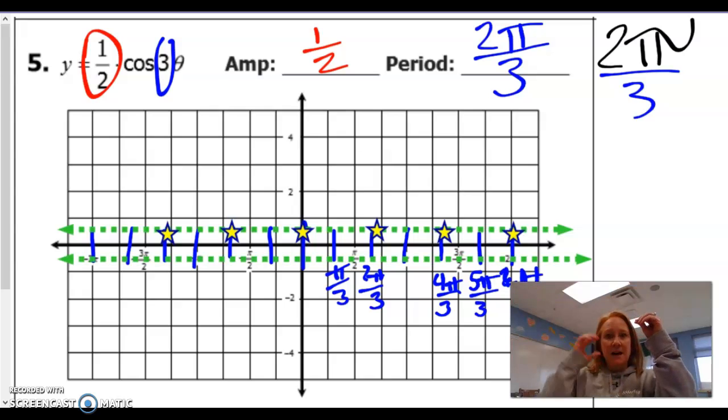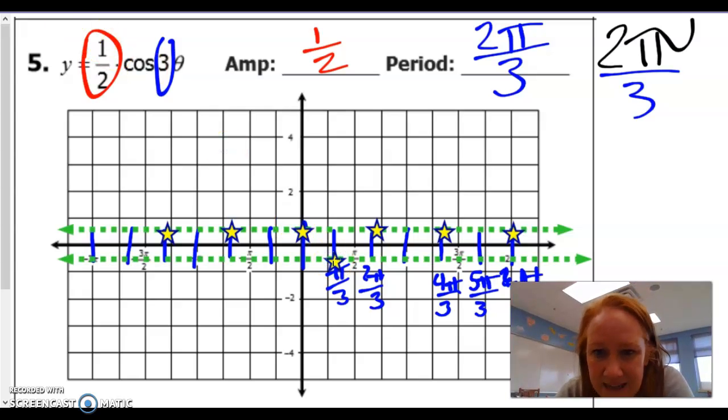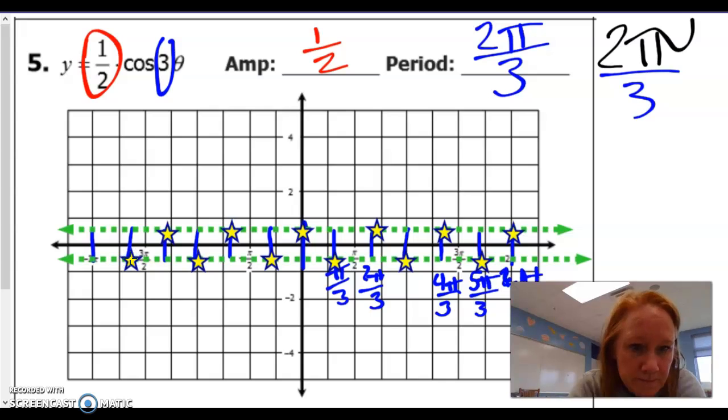Okay, so if it's at the top every 2 pi over 3, the even pi over 3s, then it's going to bottom out halfway between there, which is the other pi over 3. So here we go on the bottom, and so the odd pi over 3s, it's going to be on the bottom, because remember it's oscillating back and forth, back and forth. All right, so let's see what happens.